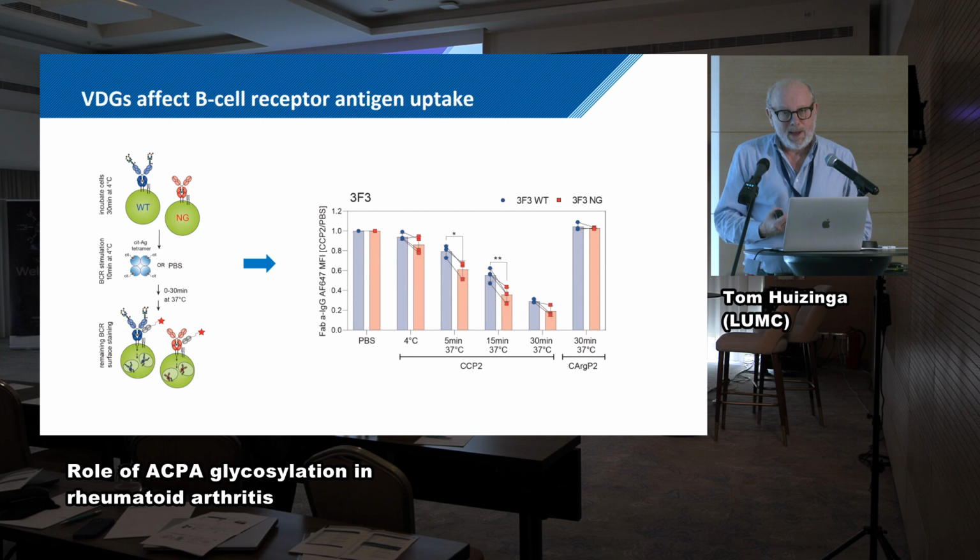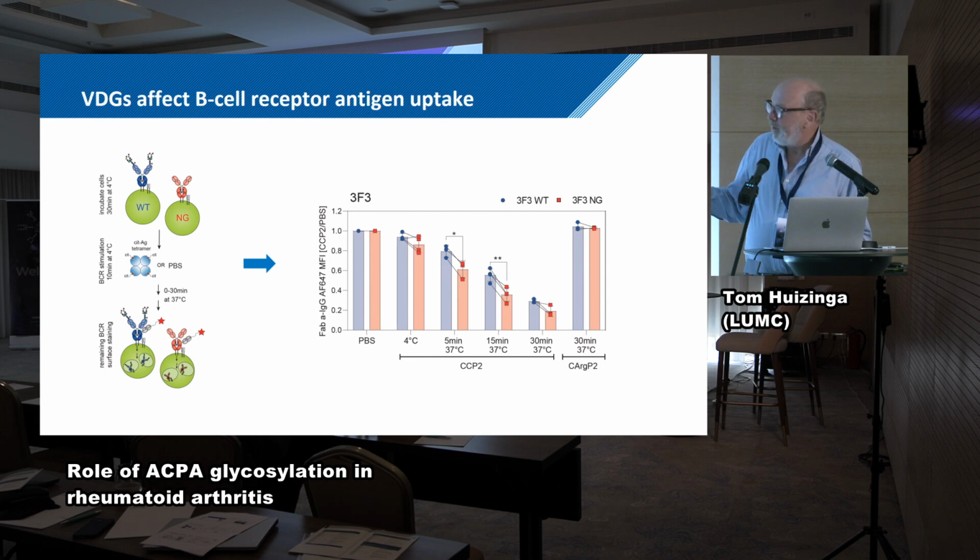So then you can also look at antigen uptake, again, with sugar, without sugar. And here you see if you start there, the antigen uptake is exactly the same. Yeah, we always have enormous trouble keeping something cool, because at 4 degrees you can see there is already a difference over here.